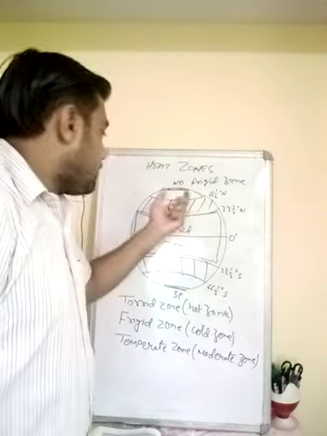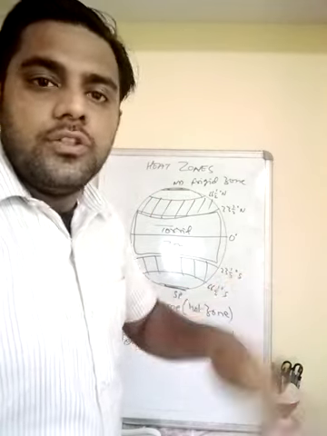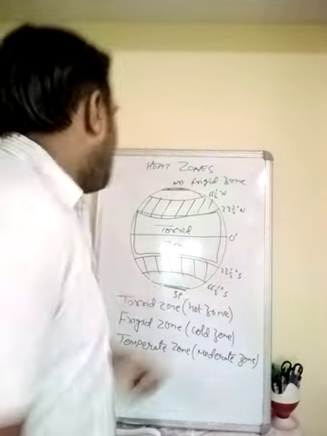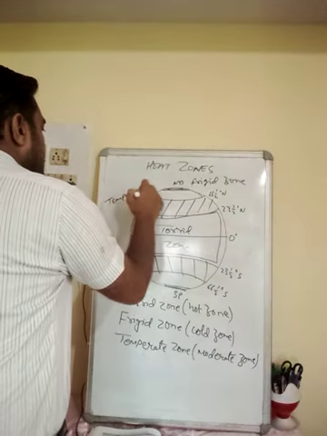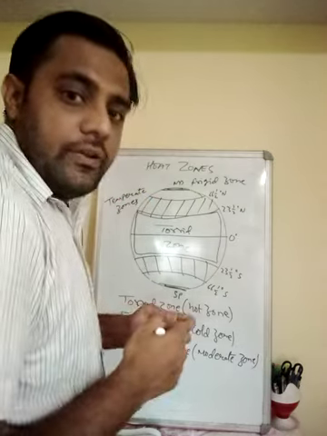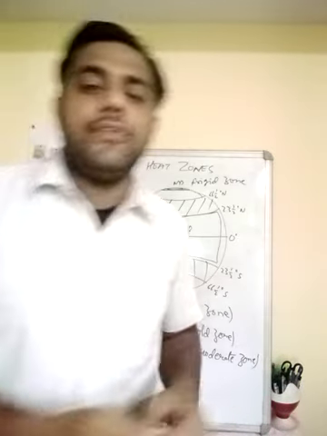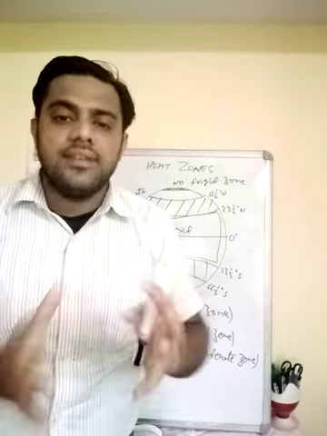These two areas have moderate temperature, neither too hot nor too cold. Hence they are known as temperate zones. Location of heat zones on Earth helps us to understand the climatic structure of the Earth as a whole.